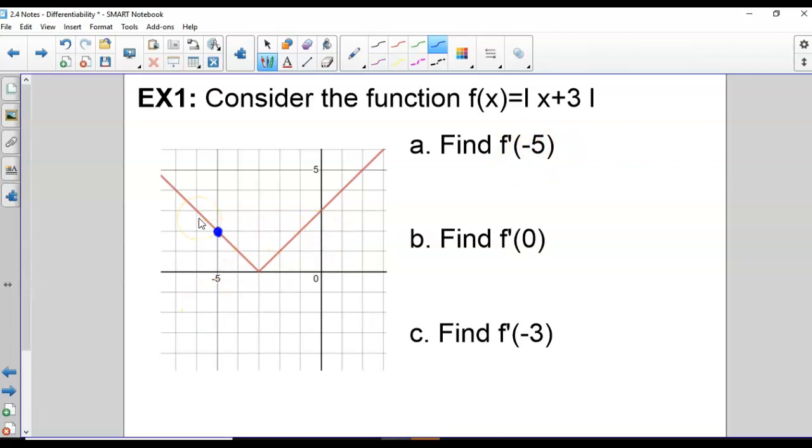We're looking at the slope of the line there. So what's the slope of that line going through that point? Almost. It's not going to be 1, but it's decreasing, so it's going to be negative 1. Okay, so the slope is going to be negative 1 at that point.